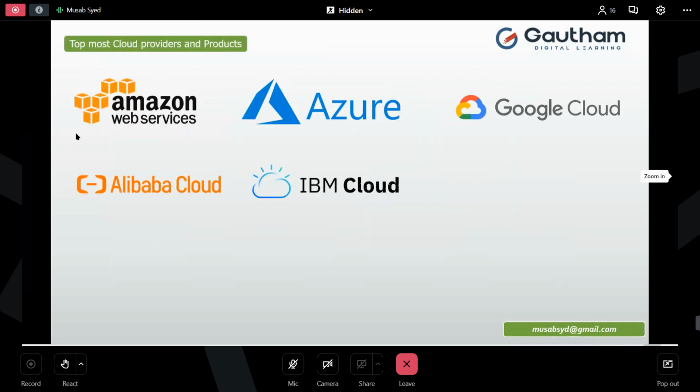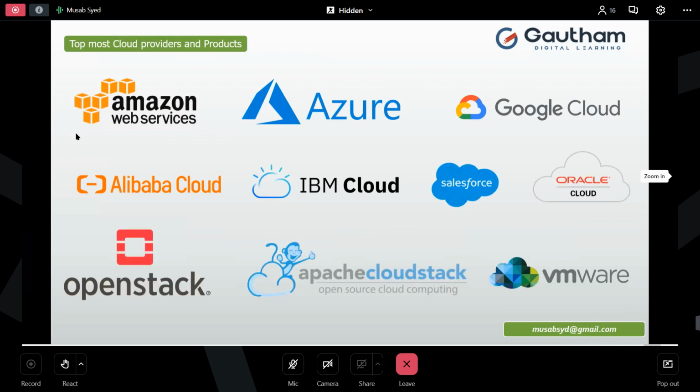Now, the most popular cloud providers are Amazon, Azure, Google Cloud, Alibaba, IBM, Salesforce, so many are there. If we ask you number one, number two, number three, you say Amazon, Azure, and Google Cloud. But guys, there is no purely number one cloud in the market.